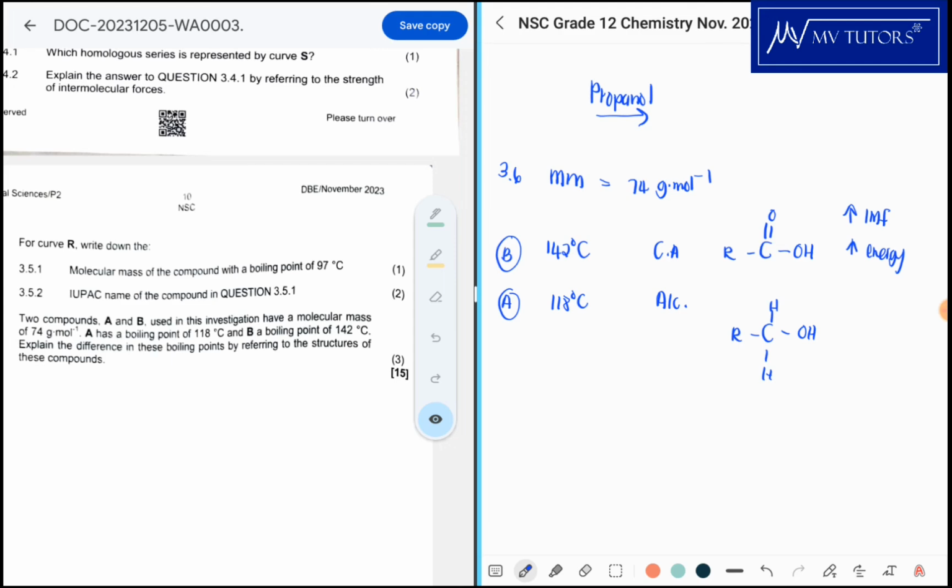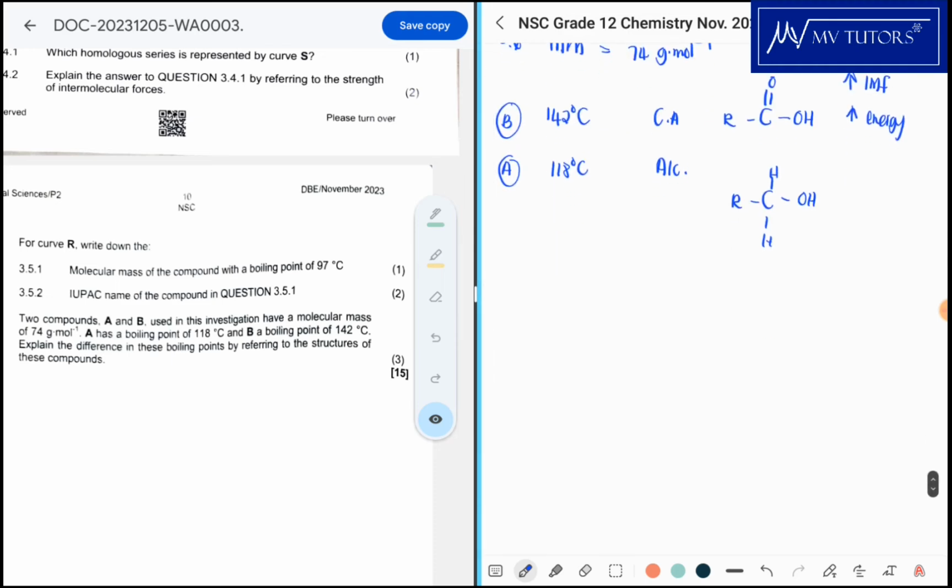So that's one way you could have answered this question. Another way you could have answered it was to say, here we are given straight chains. If you have straight chains, you're going to have a higher boiling point, higher melting point, lower vapor pressure, and so forth. And why is that?